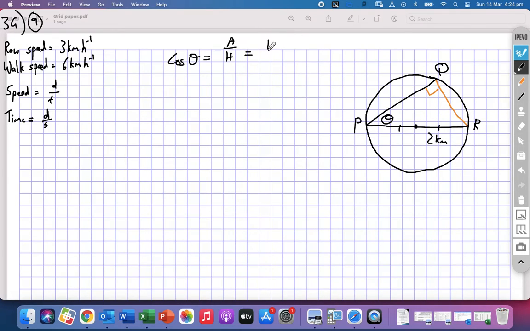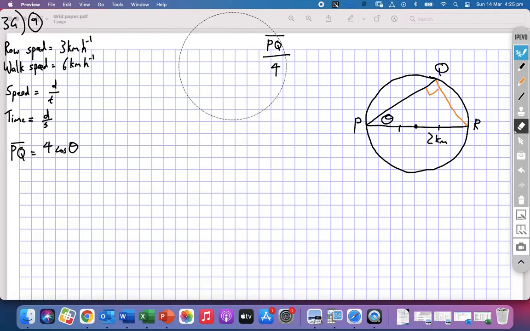So the adjacent is PQ. The hypotenuse there is 4. And so therefore I could say distance PQ is 4 times cos theta. 4 cos theta.